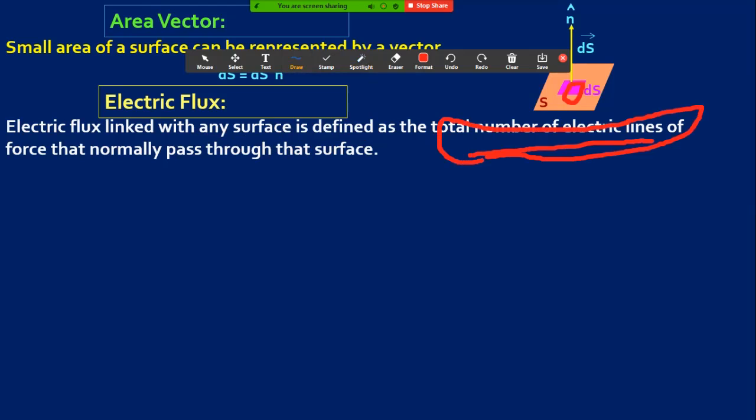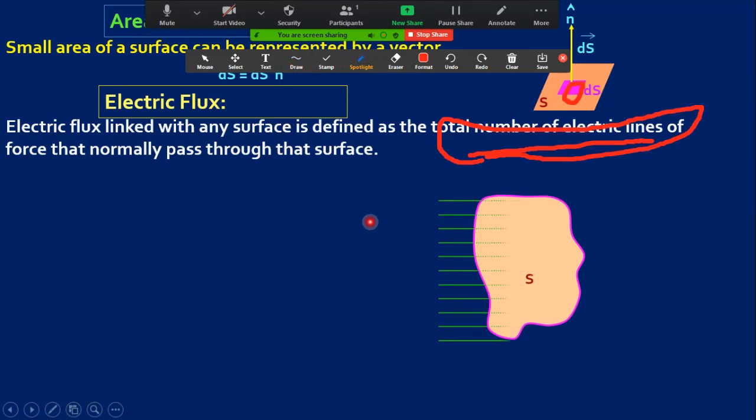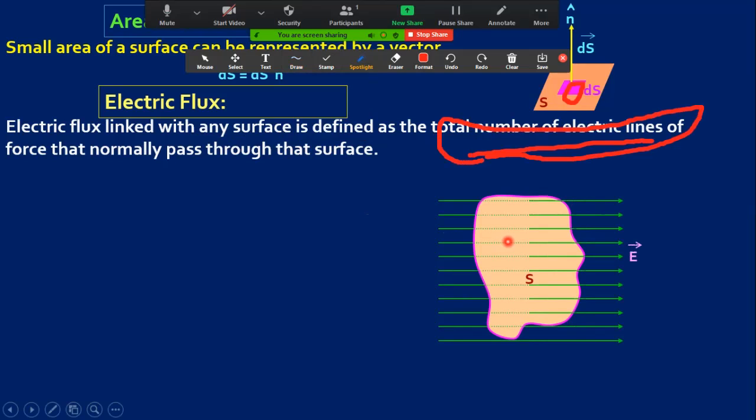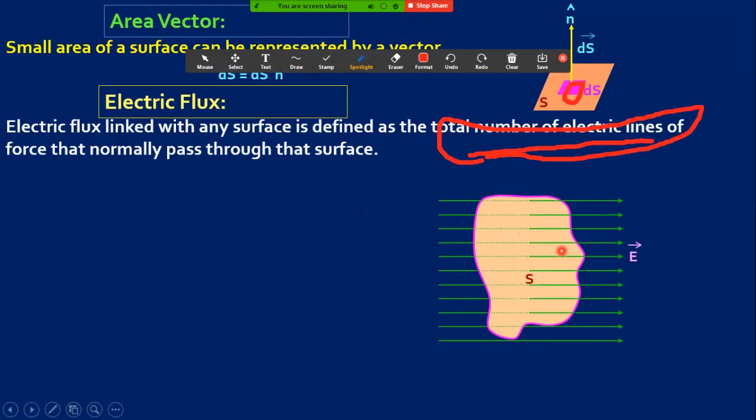This is the surface and these electric lines of force are passing along this way, and this is a small area dS. The direction of this dS is deflected by an angle theta.